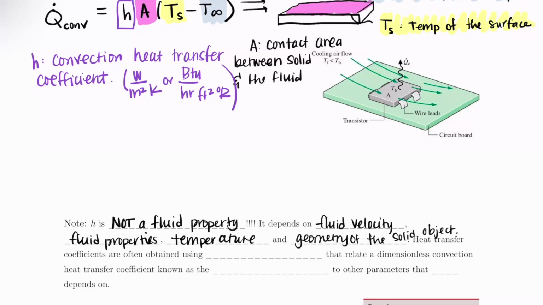Okay, these heat transfer coefficients are often obtained using empirical correlations. So this just means experiments. All right.